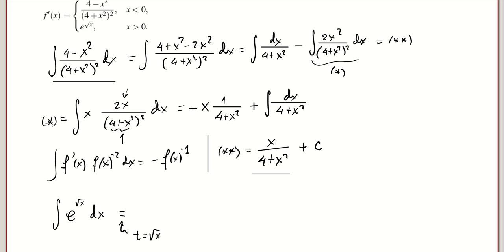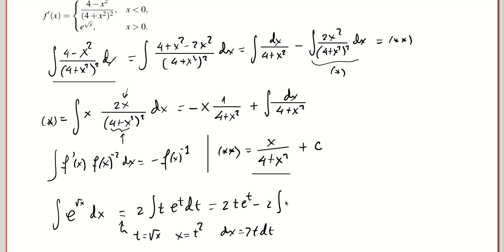All right, and then if that is true, then x is equal to t squared, and then dx is equal to 2t dt. So this is 2 times the integral of t e^t dt, right? Which can be integrated by parts. And then we have 2t e^t minus 2 times the integral of e^t dt, right? e^t times the derivative of t, so e^t dt.